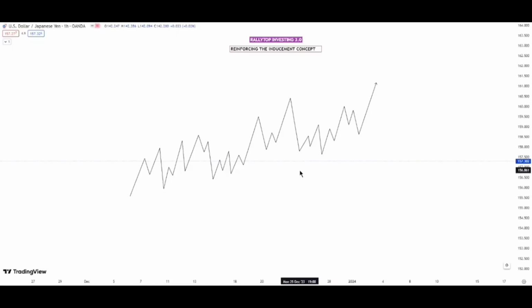Number one rule is this. You need to mark out or identify your correct pullbacks in the market before you talk about marking an inducement. A lot of traders are marking the wrong pullbacks as pullbacks in the market. Please understand this very well.